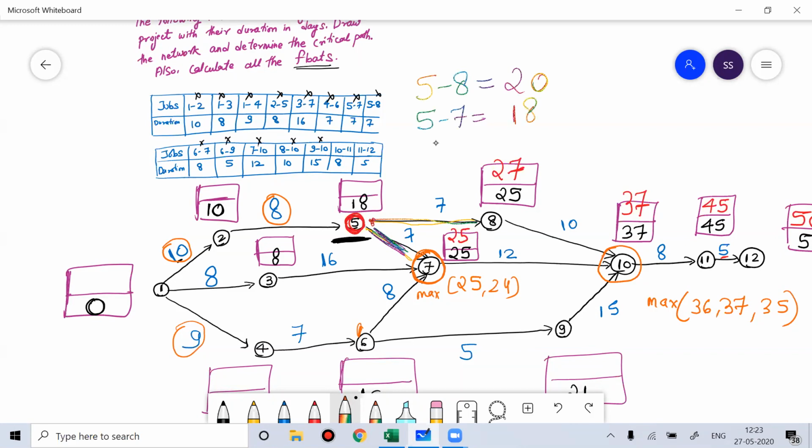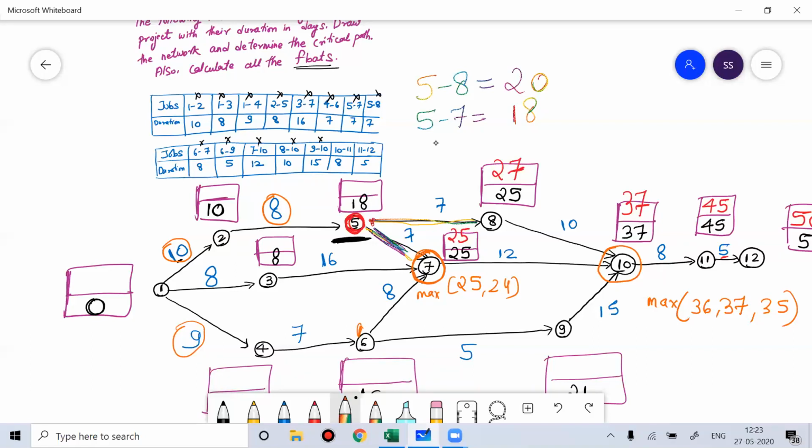At node 5, the two activities are getting over.